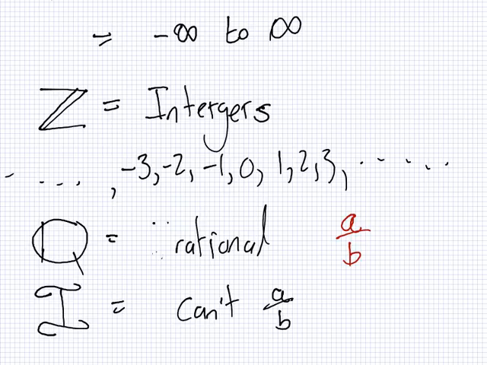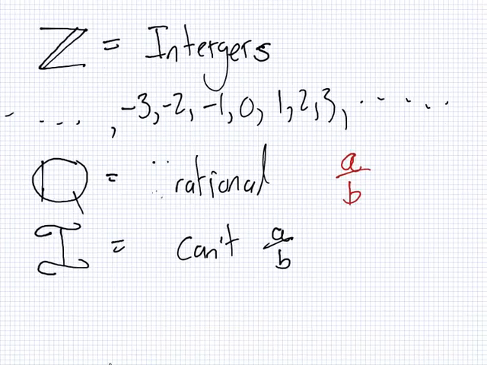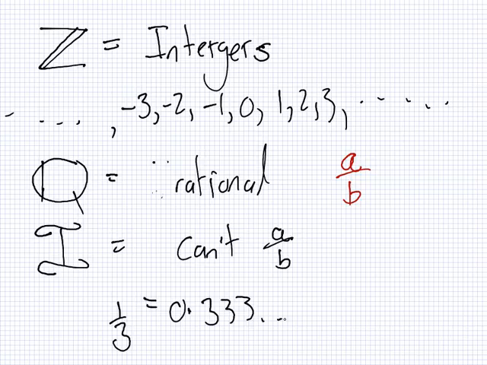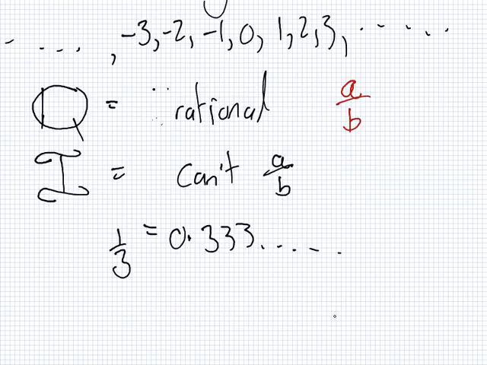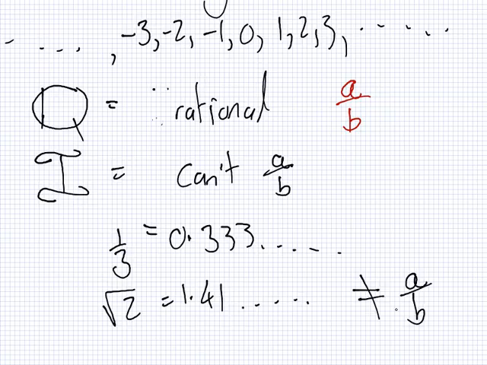Like, for example, 1 over 3, is that rational or irrational? Well, rational. And of course that can be written as a decimal as well. But a number like root 2, 1.41, that is irrational because you cannot write it as a number divided by another number.